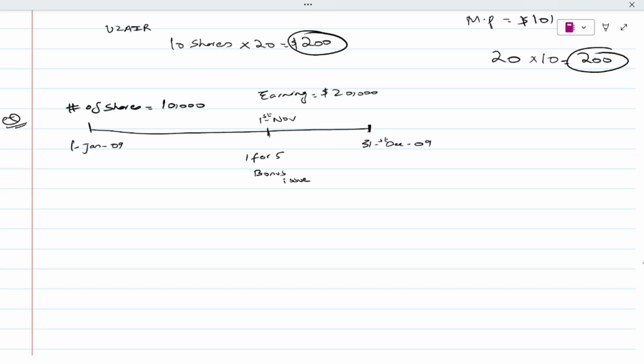The number of shares at the start of the year on 1st January 2009 were 10,000. At the end of the year, we don't know. We will calculate that. On 1st November, we did a 1 for 5 bonus issue. So that is the only piece of information we have. And then the question asks us to calculate the EPS. Okay, so that's the requirement of the question.